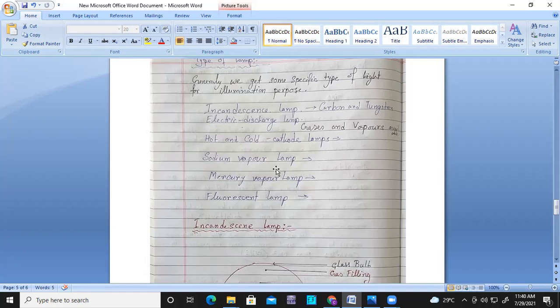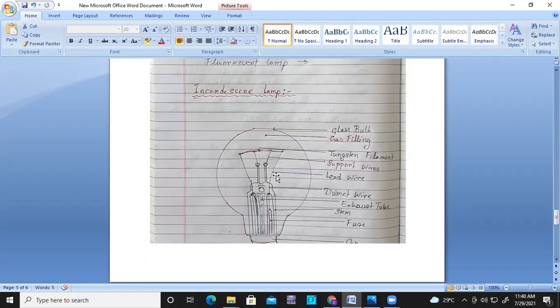This is the gas and vapor lamp, hot and cold cathode lamp, sodium vapor lamp, mercury vapor lamp, and the fluorescent lamp. Okay, actually these types of lamp are generally used in our practice, and we have to know the construction, connection, etc. Then we can use this in our practice. Okay, so first I am starting with the incandescent lamp.